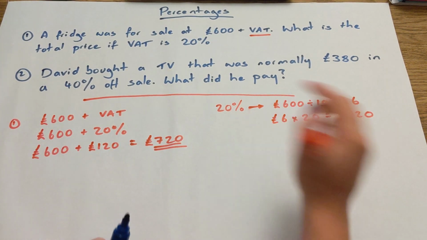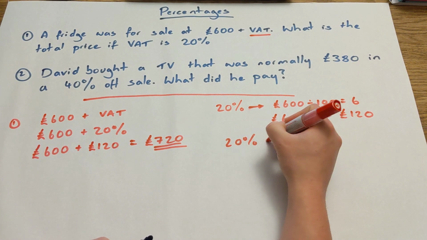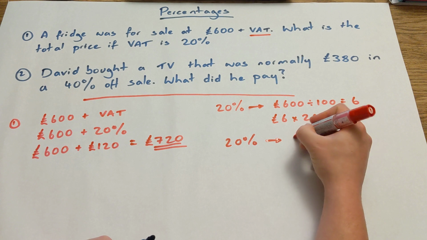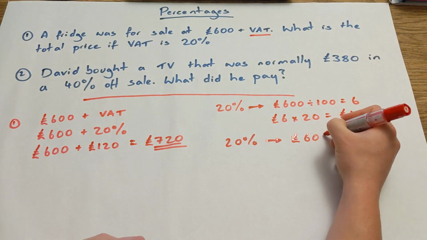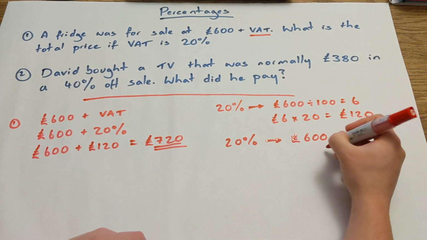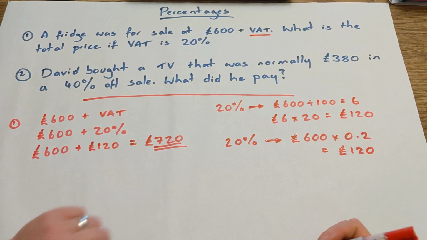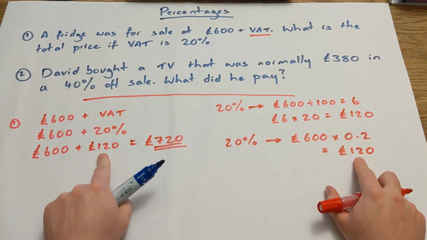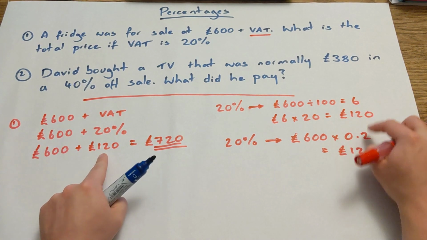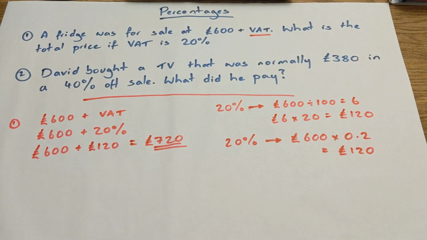Remember, we also said that to work out 20% of something, we could do £600 times by 0.2, and if we did that on our calculator, that would still give us £120, and we just add it on. It doesn't matter which of these ways we do it, as long as we add it onto our price, that will give us the answer.